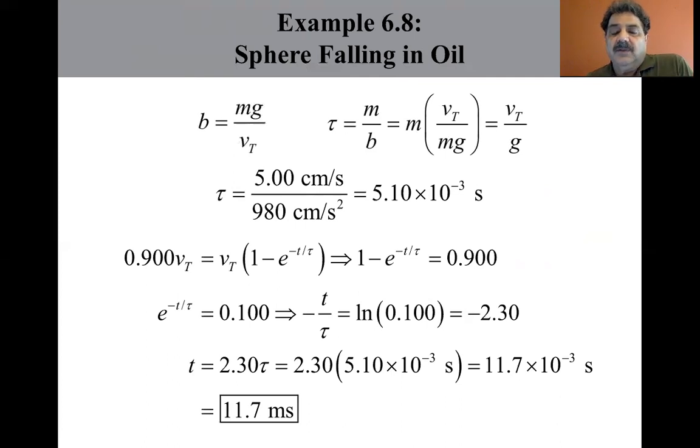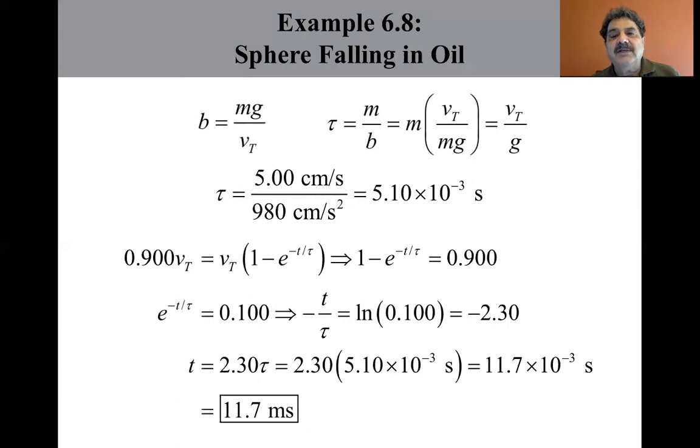Let's subtract, and so 1 minus 0.9 leaves us with e to the minus t over tau equals 0.1. Now let's take the natural logarithm of both sides, and we end up with minus t over tau equals the natural logarithm of 0.1, minus t over tau equals minus 2.3.